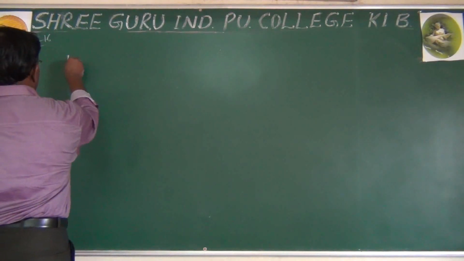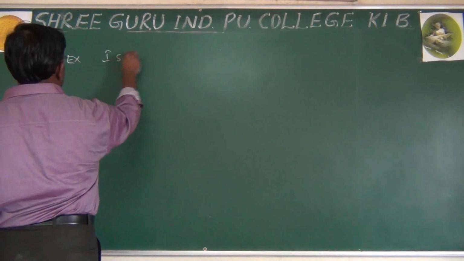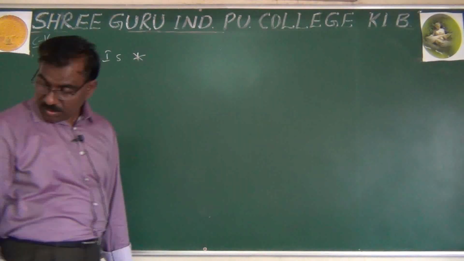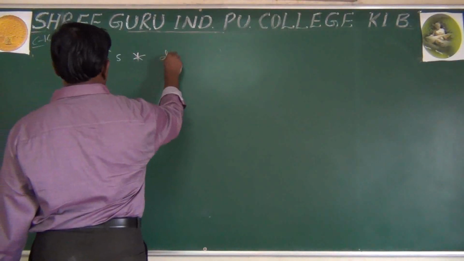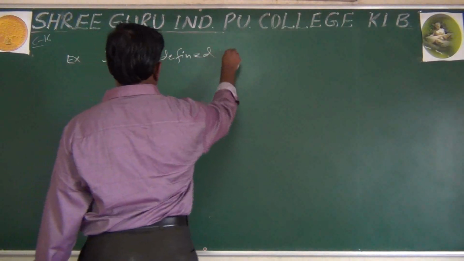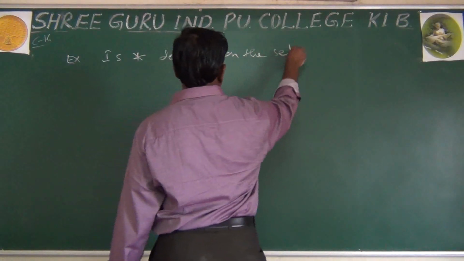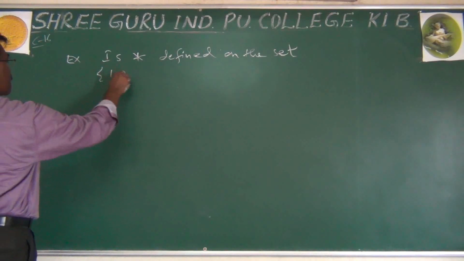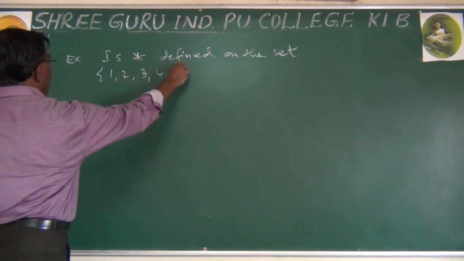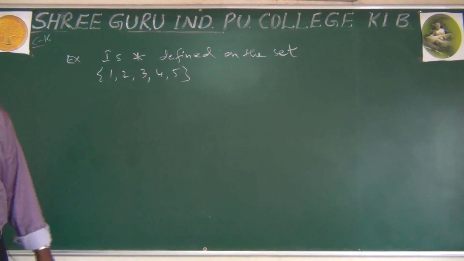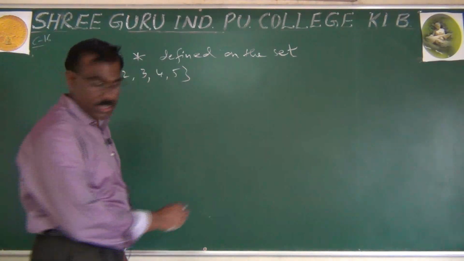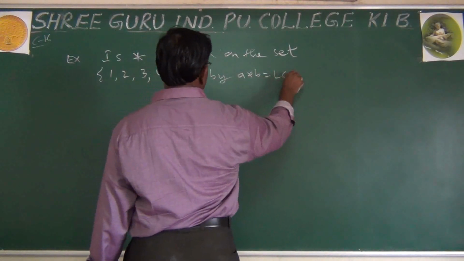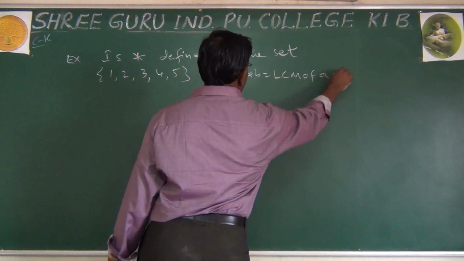Next problem. Is star defined on the set {1, 2, 3, 4, 5} by A star B equal to the LCM of A and B?